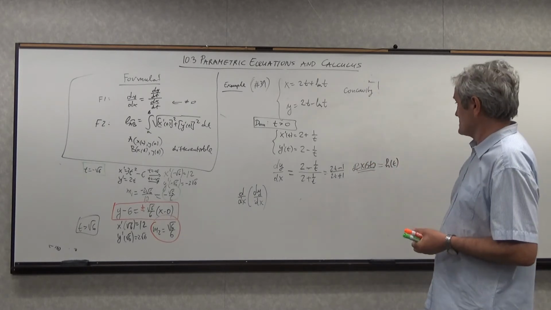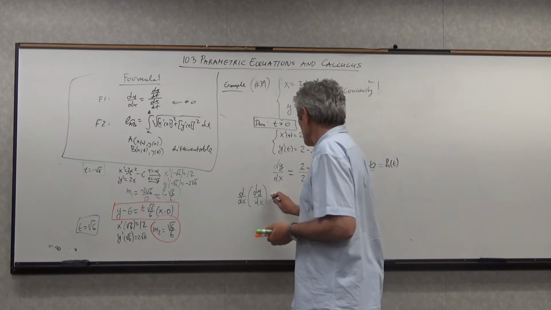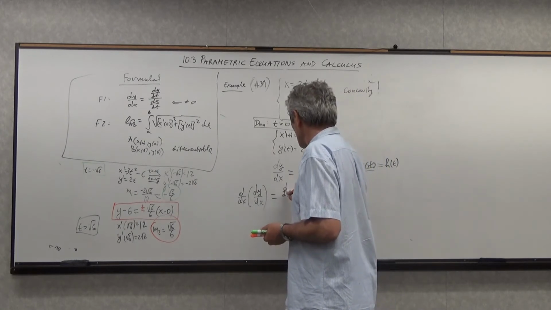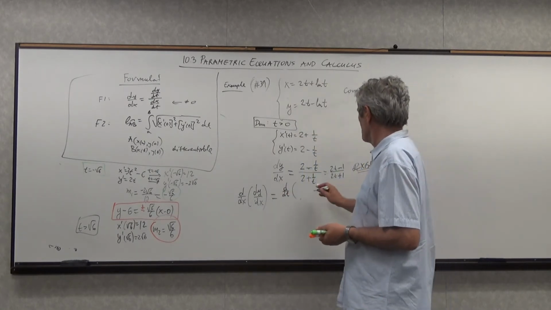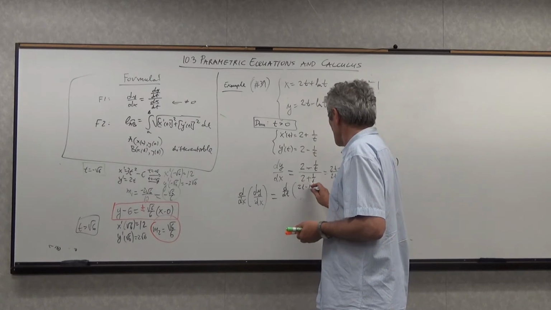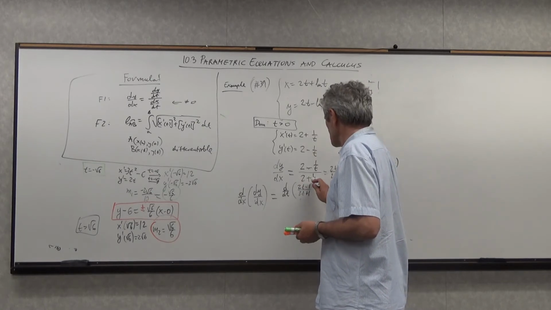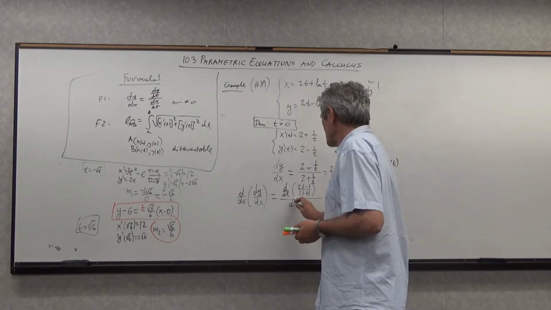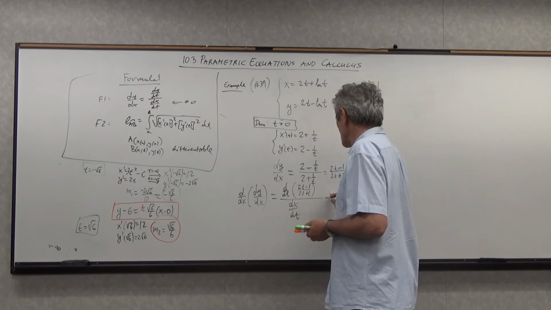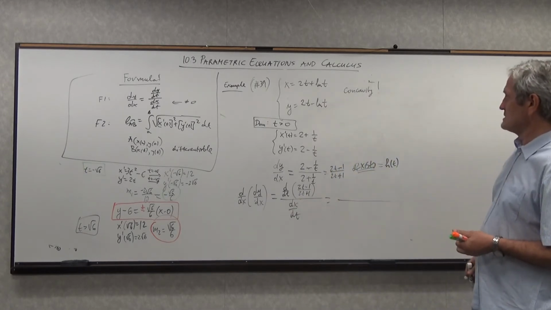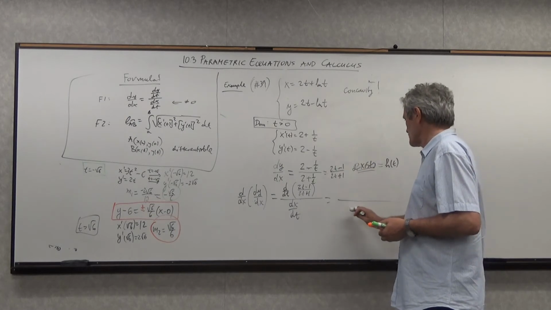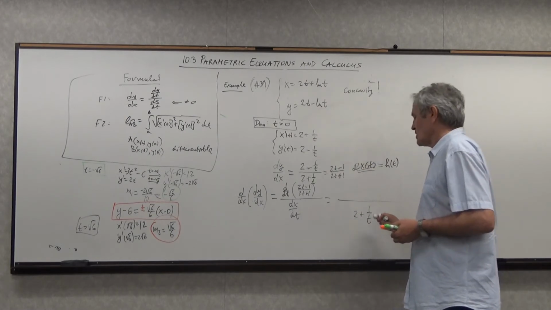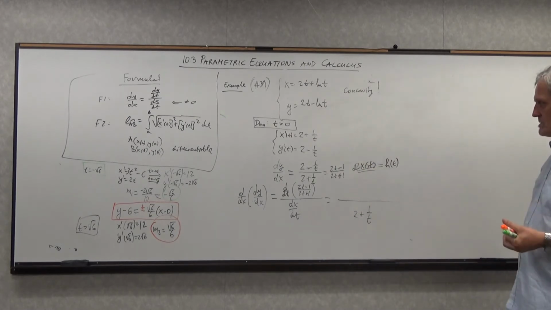And then g of t is the same one. So what would that be? I'll take the derivative of what I had in t terms: 2t minus 1 over 2t plus 1 over dx over dt. Dx over dt, we already know what that is. That's 2 plus 1 over t. And here we just differentiate the quotient and we are done.